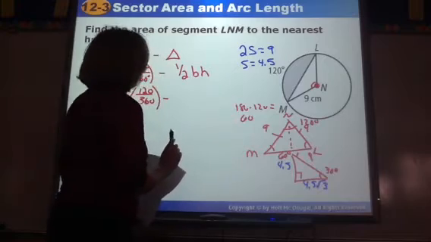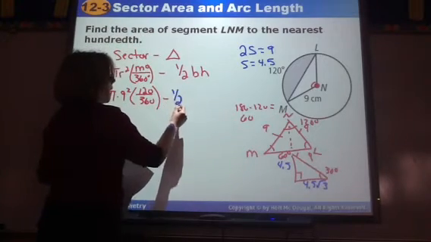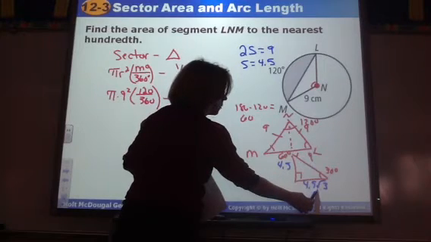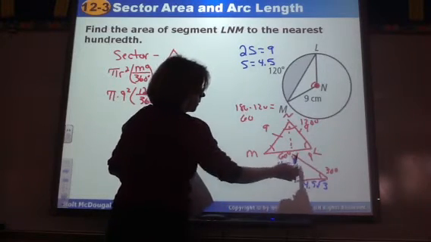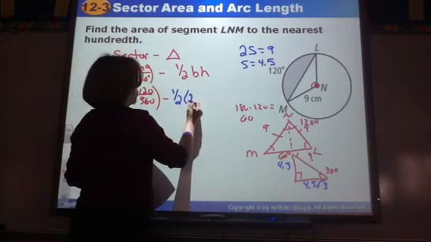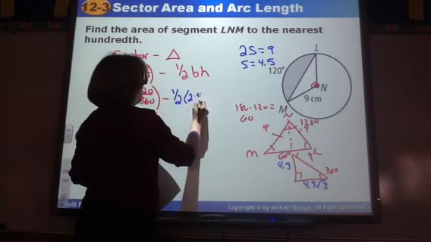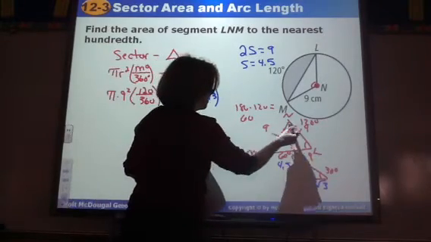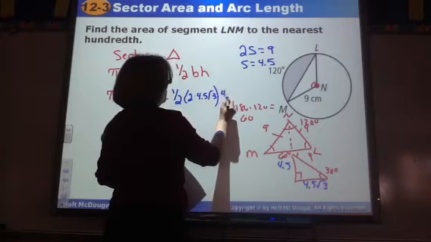So now I have everything I need. I take 1/2. Well, my base is the 4.5 times the square root of 3 doubled, because this segment is just half of that, okay? So I'm going to take 2 times 4.5 square root of 3, and then my height is the 4.5.